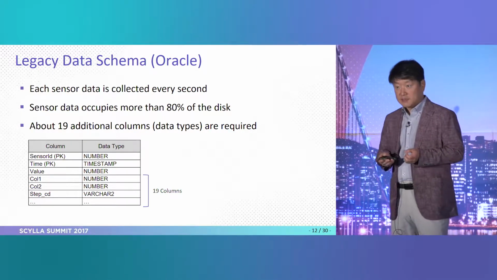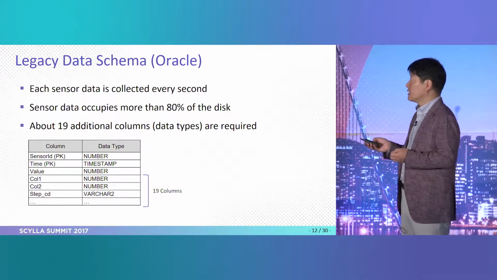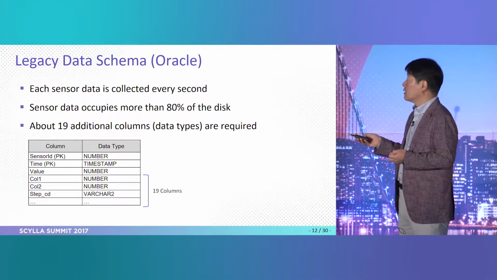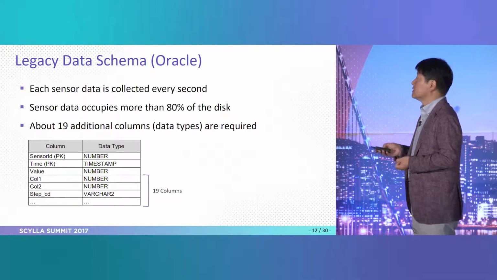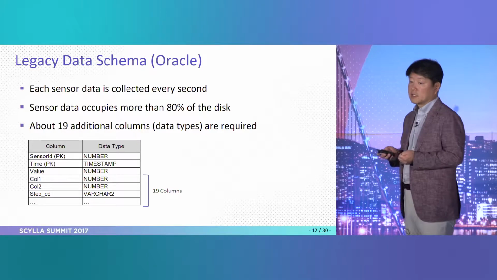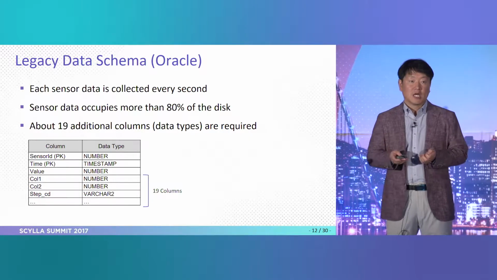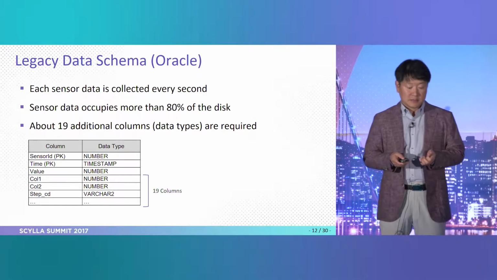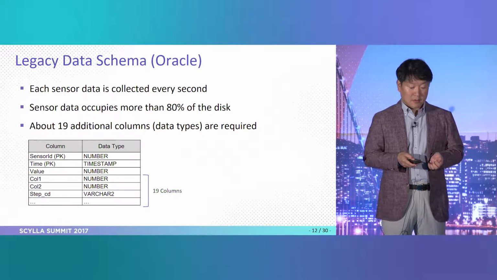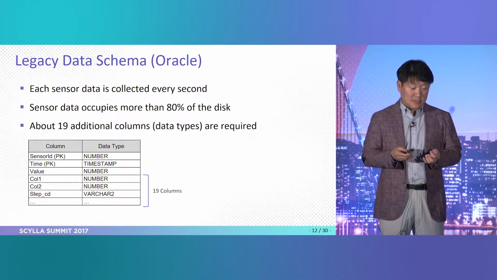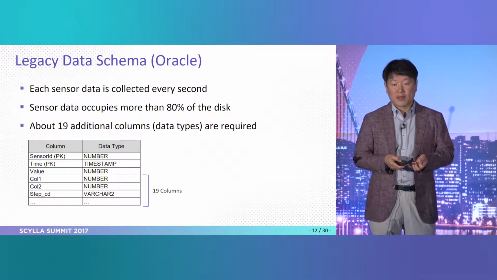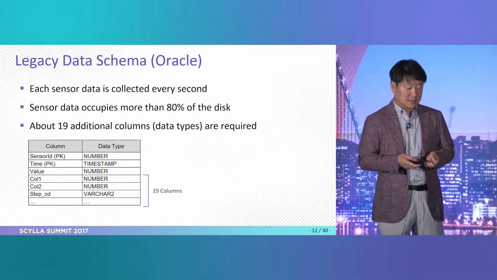And I already mentioned that there's a legacy system already in Oracle. Each sensor data is collected every second, and in the near future, the data will be collected in milliseconds. In Oracle, sensor data occupies more than 80% of the disk.